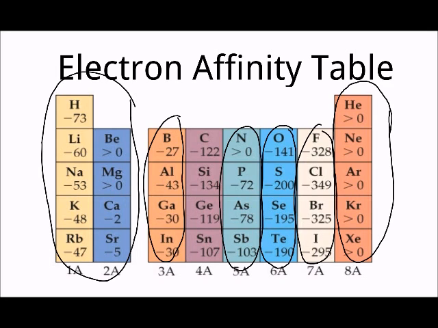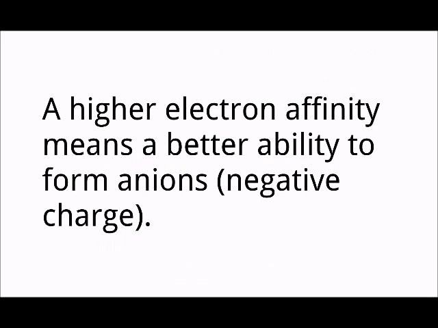So if we take a look at just this general statement here, a higher electron affinity means a better ability to form anions. And that makes sense. An atom that can draw electrons to itself easier or pick up additional electrons has a greater chance of forming negative charges or anions.